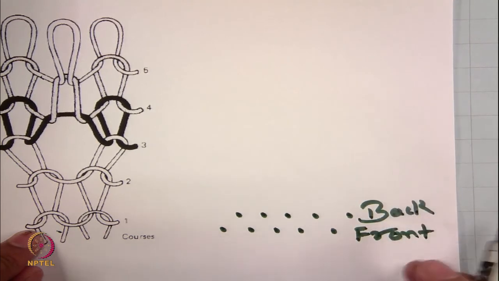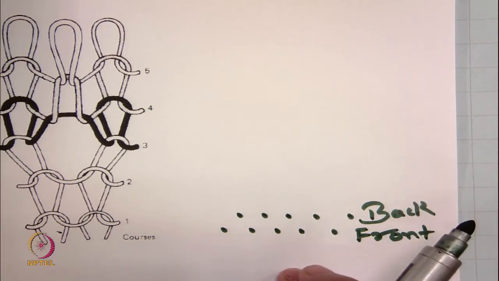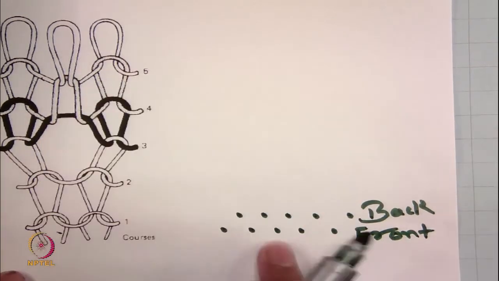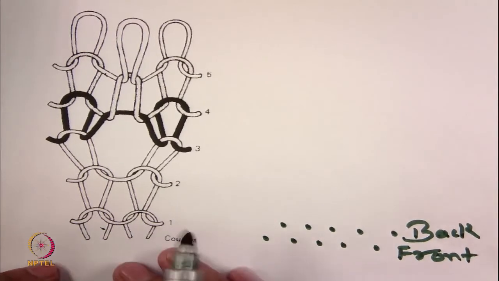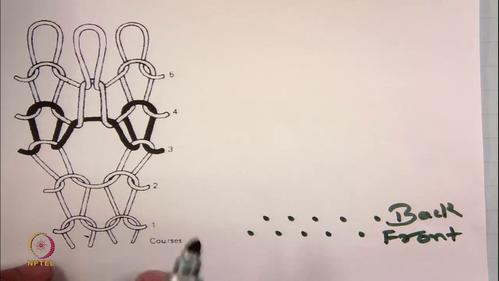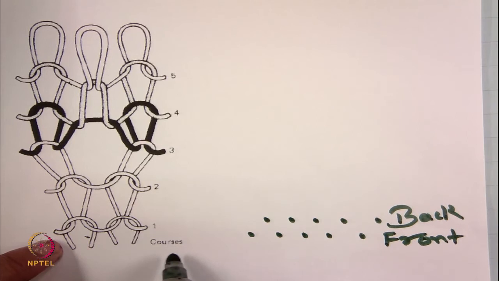So, this is how we represent the gating for double bed in case of rib fabrics. Okay. So, naturally this fabric must be having 2 sets of needles. Now let us count how many needles have been used on each of these beds. First let us see how many courses are there. This is the course number which is shown here.